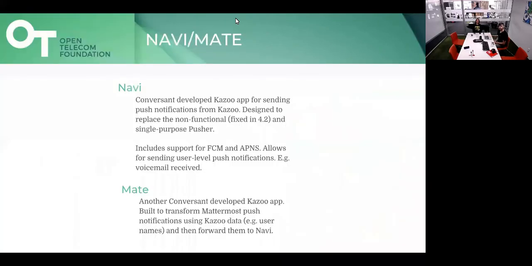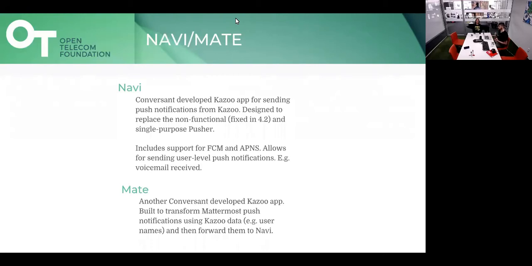Yes, finally, we also made Navi and Mate. Navi is a Kazoo app that allows for sending of push notifications. We designed it because we tried to use Pusher, but we found it was basically non-functional, and it was built for a single purpose of sending call push notifications, whereas we actually wanted to send a vast variety of push notifications through Kazoo.